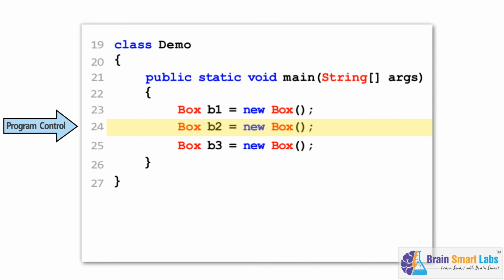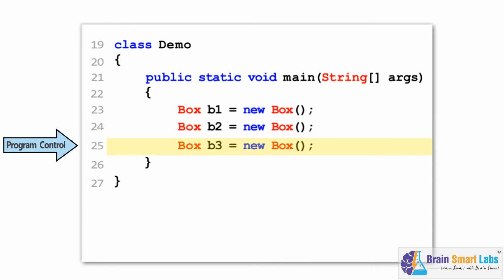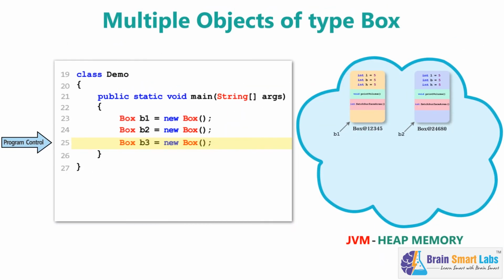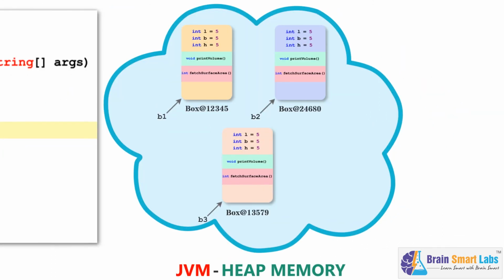Now as the program control moves to line number 25, one more new box object will be created again at a different address location, and this time the reference of this object will be given to variable b3, as we have stated in our program box b3 is equal to new box. As you all can notice, we have successfully created 3 different objects in 3 different memory locations with 3 reference variables holding the address of these objects independently.